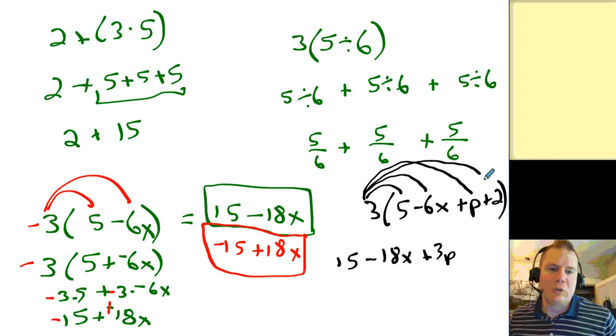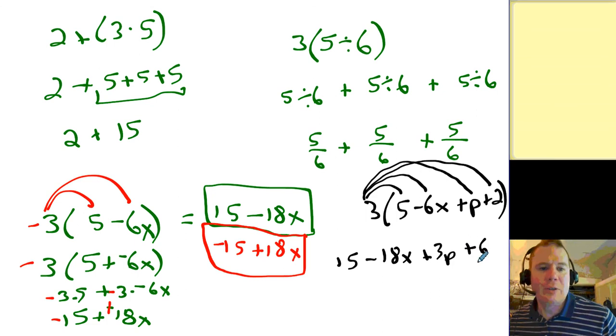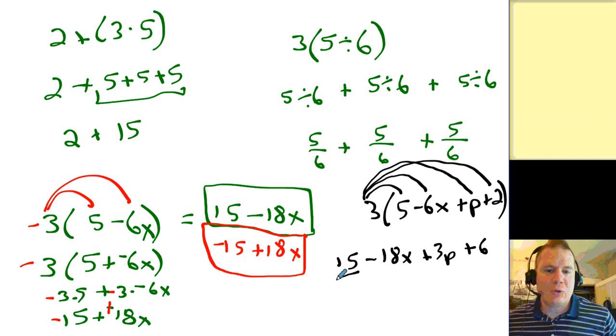And 3 times 2 is 6. But I'm not done. 15 is a whole number, no variable involved. 6 is an actual number, no variable involved. I can add 15 and 6. Let's see, 15, 16, 17, 18, 19, 20, 21. That's 21.